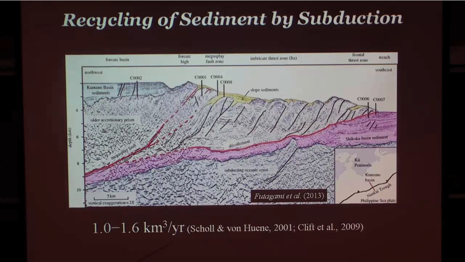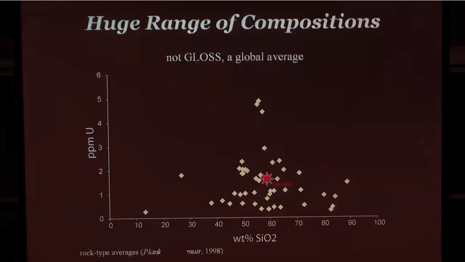And Dave Scholl and Rolly von Huene and Peter Clift have estimated that the flux of material in situations like this, and kind of to an unspecified depth, is about 1 to 1.5 cubic kilometers a year. So a pretty big number. And we'll revisit this in a few slides. Oh, maybe even now.